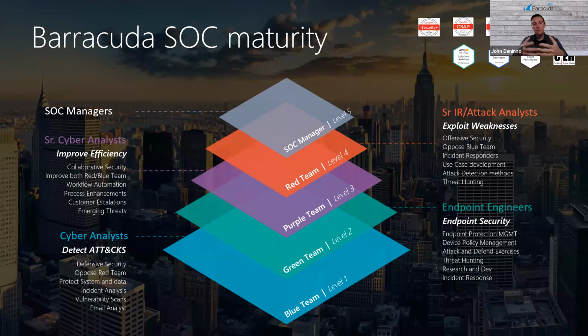You can see sort of the first line of defense is going to be those cybersecurity analysts. Up from there, we have a dedicated team of endpoint engineers that are going to focus, of course, on endpoints and endpoint threats. Next up, we have that level 3 or purple team. These are the senior cybersecurity analysts who work very closely with the blue team in improving efficiency.